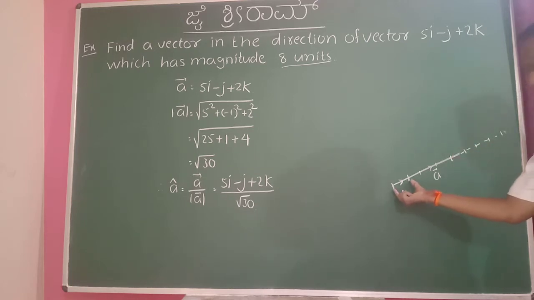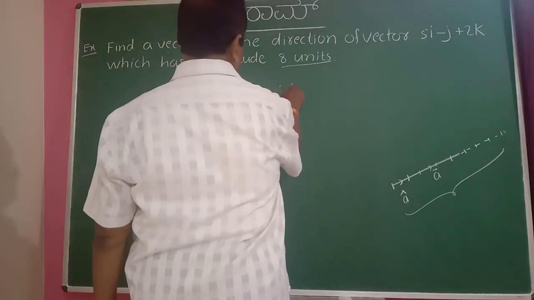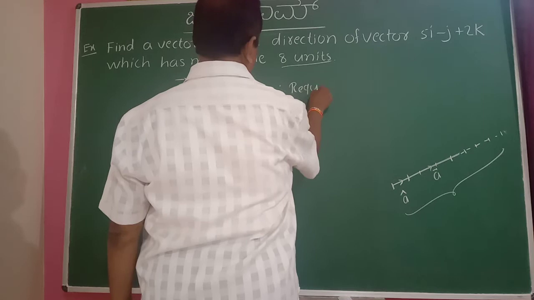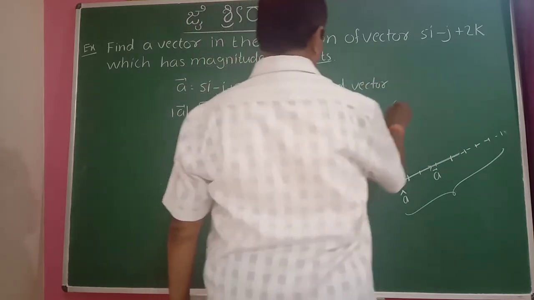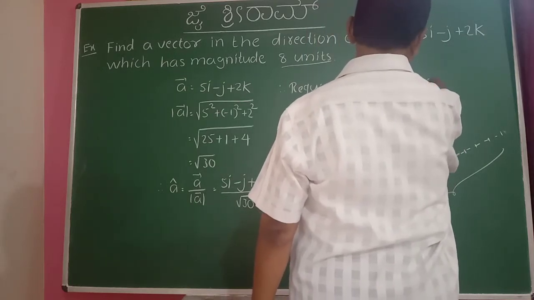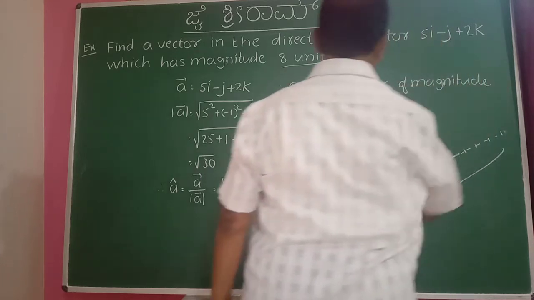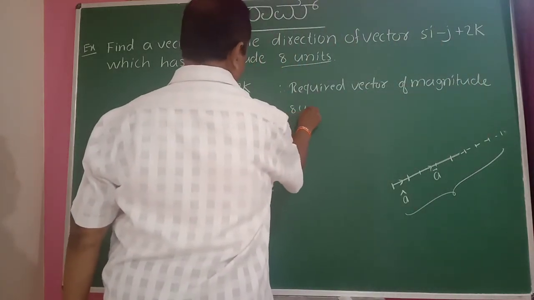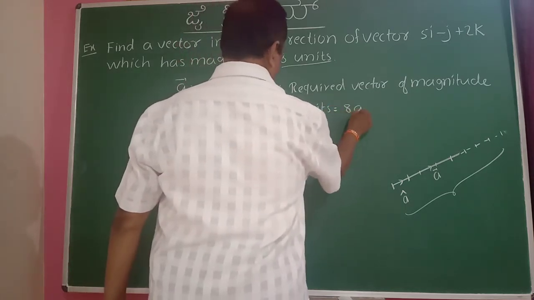First you find a unit vector, then multiply 8 to this unit vector, and you will get a vector of magnitude 8 units, which means 8 times its unit vector. Therefore the required vector of magnitude 8 units is equal to 8 into a cap.